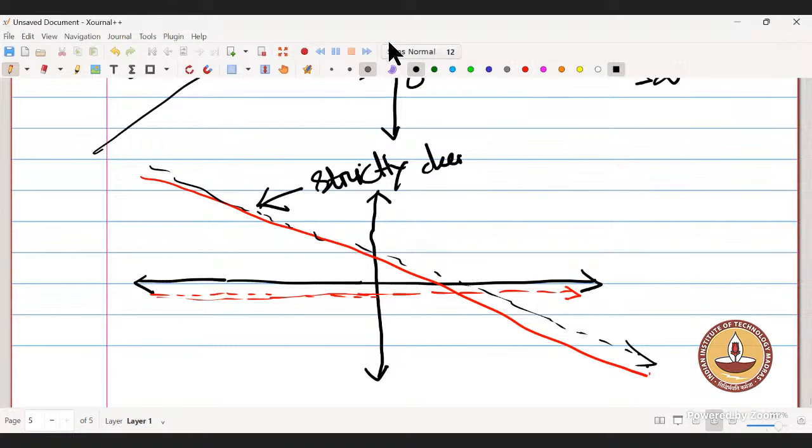Sir, x cube will be strictly increasing or not? X cube. Strictly increasing. What is your thought?